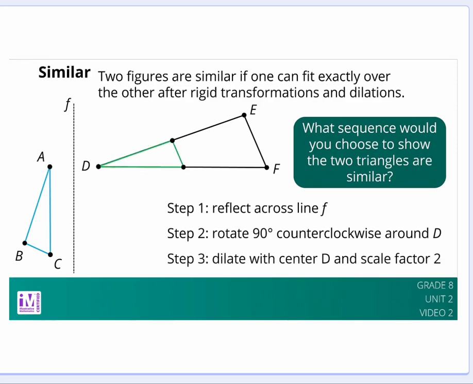Dilate with center D and scale factor 2. The transformation of ABC fits exactly over triangle DEF. While there are many more correct sequences of transformations that take triangle ABC to triangle DEF, we only need to describe one to show that the two figures are similar.